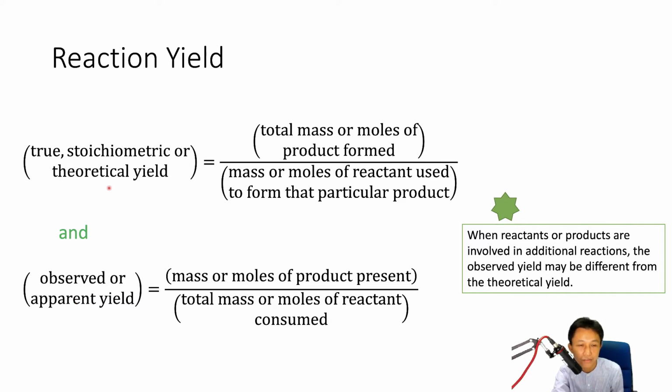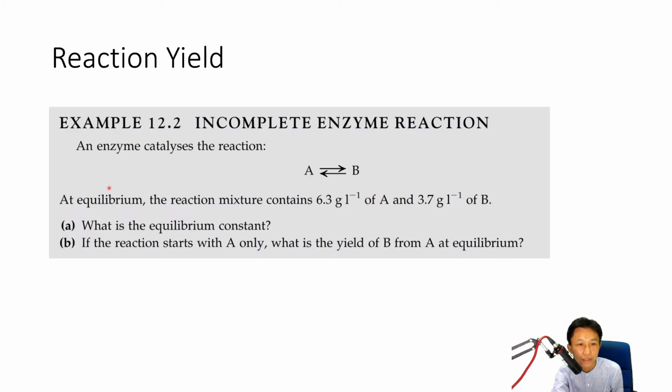This is the definition. And for this one, an enzyme catalyzes the reaction from A to B. At equilibrium, the reaction contains 6.3 A and B. The equilibrium constant is the concentration of B divided by A. Yield at the equilibrium.